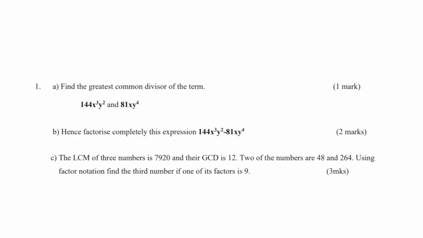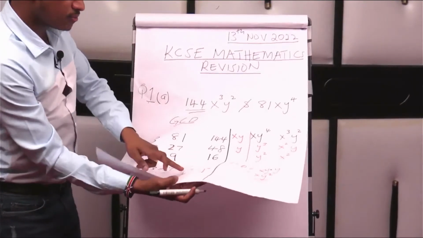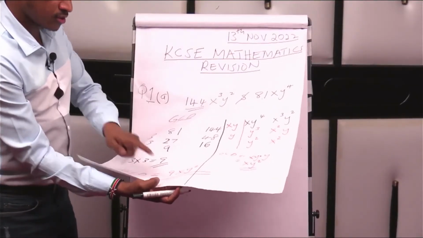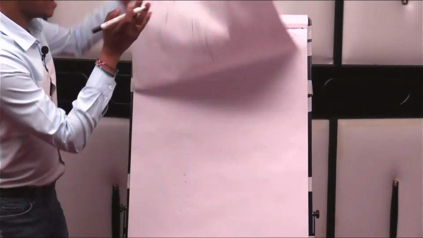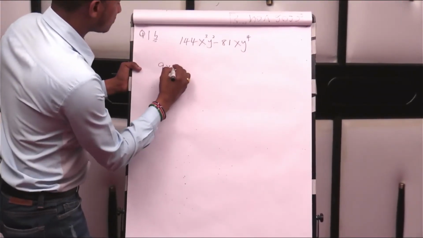So you are told to factorize this completely. But from A, we found that the GCD, which is the greatest common factor, is 9xy squared. So just come here and write 9xy squared.